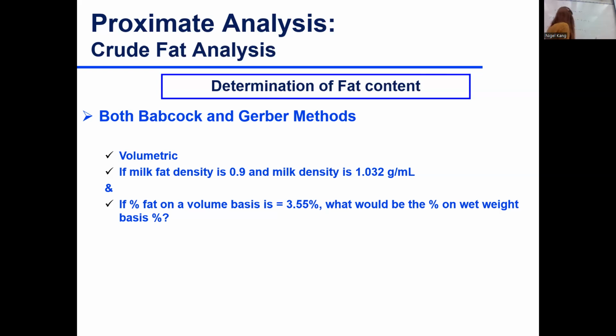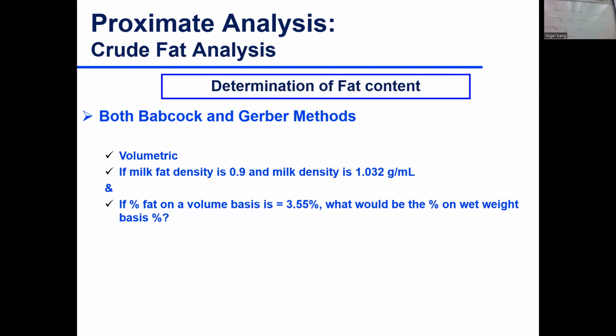Then the fat percentage based on wet basis. You don't need to convert it to dry basis. So fat weight based on wet basis equals 3.195 grams to 103.2 grams, times 100, which is 3.1%.